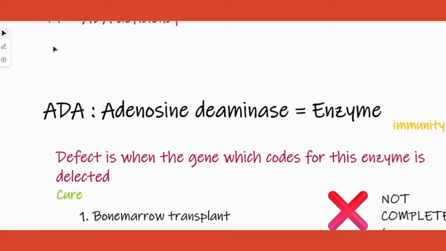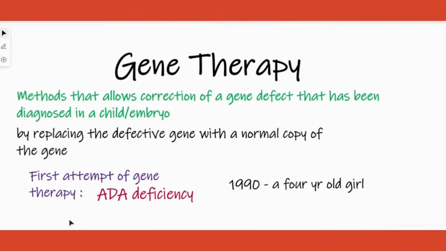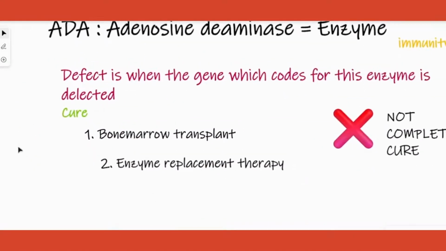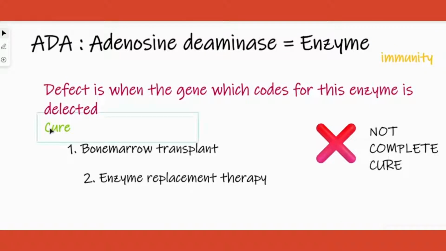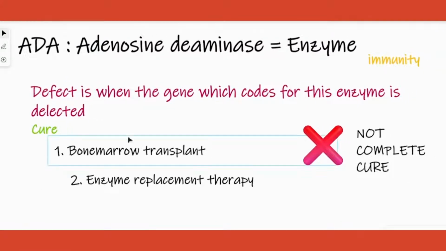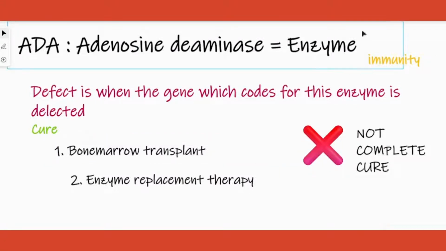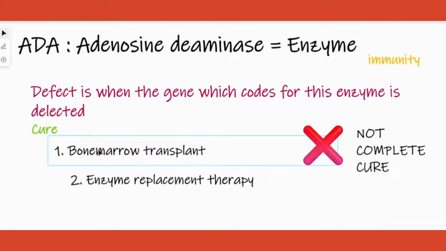Now, what are some of the ways to cure this disorder? We definitely started with the topic gene therapy, but this may not be the only cure, isn't it? So, there are other ways of curing it. First one is bone marrow transplant. Why bone marrow? All the immunity related cells, especially the lymphocytes, which have the maximum amount of this enzyme ADA, are found in bone marrow.